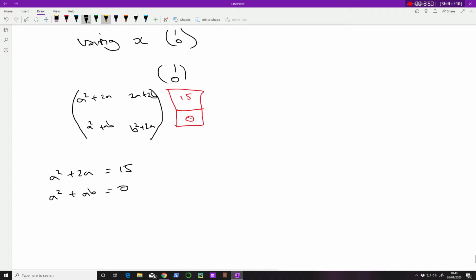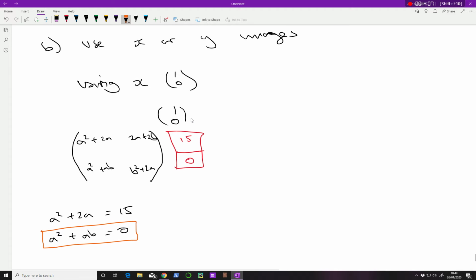And I'm going to do something special by highlighting this in orange because there's another way which we can get our final answer of A and B by using this and the second one, which I'm going to write using the Y image. So using Y, the Y image, which is going to be 0, 1, same concept applies.